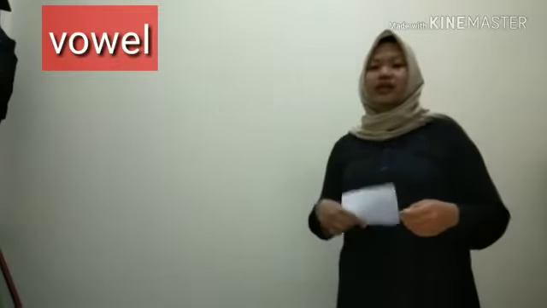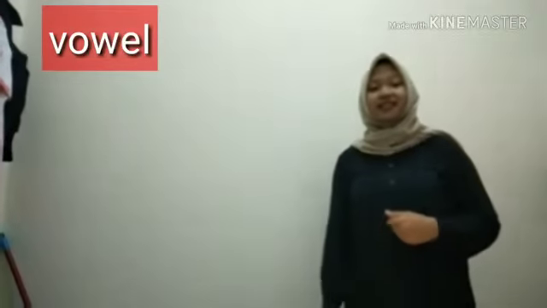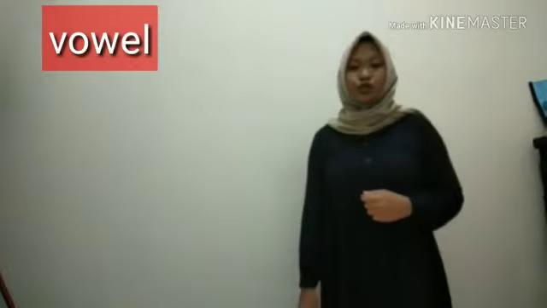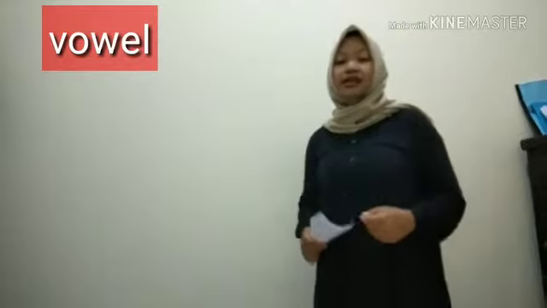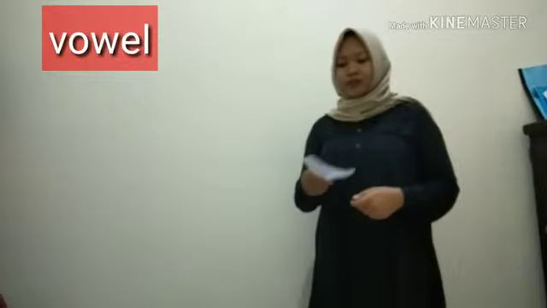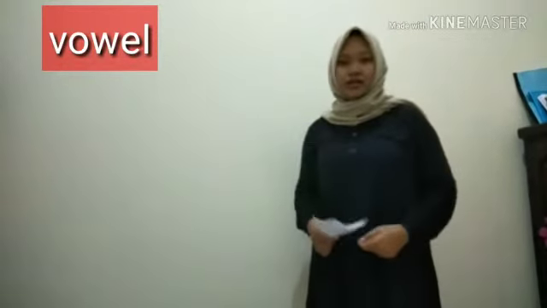Okay, in this section, I will give you some examples of vowel sounds. But before that, I will give you an explanation about vowels. What is a vowel? Actually, we have five vowels in the alphabet: A, E, I, O, and U. However, when it comes to pronunciation, they have many sounds and can be spelled in different ways.